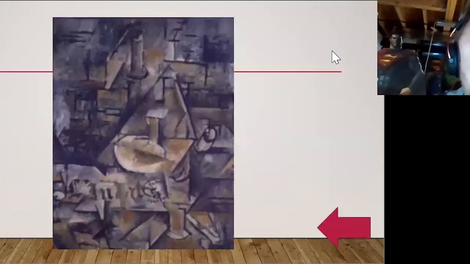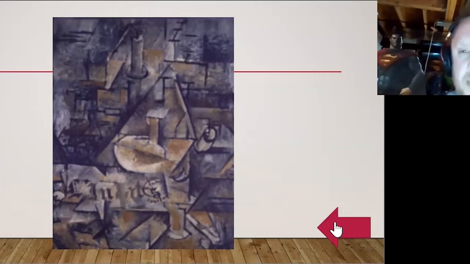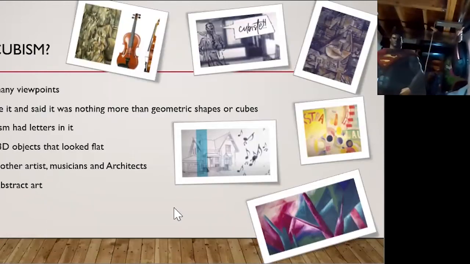If you look at this one, you can kind of see the letter T over and over again. There's an N, there's a 5. So it wasn't just shapes, it was also letters as well. And cubism art had 3D objects that looked flat.